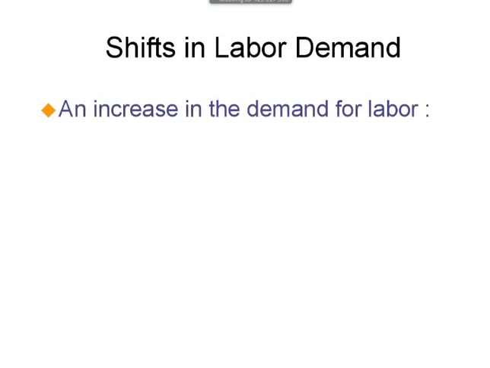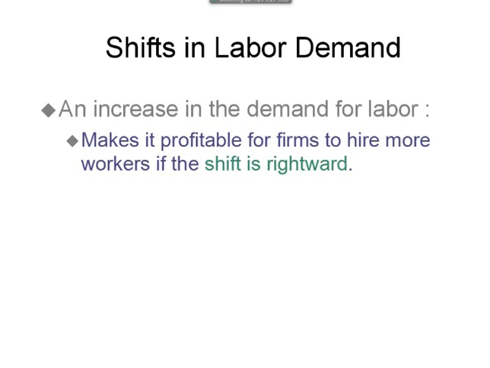An increase in the labor demand basically tells us what? It tells us that an increase in demand makes it possible for firms to hire more workers if the shift is rightward.